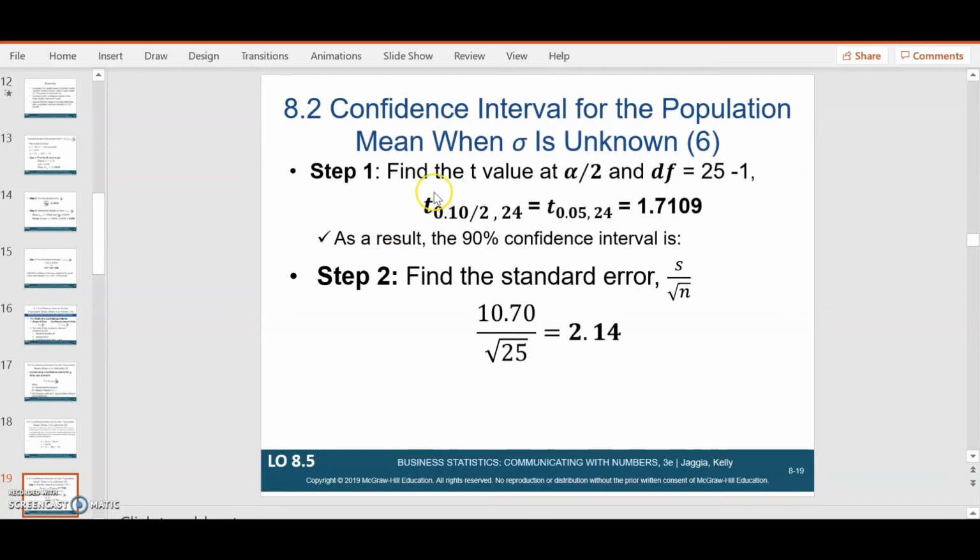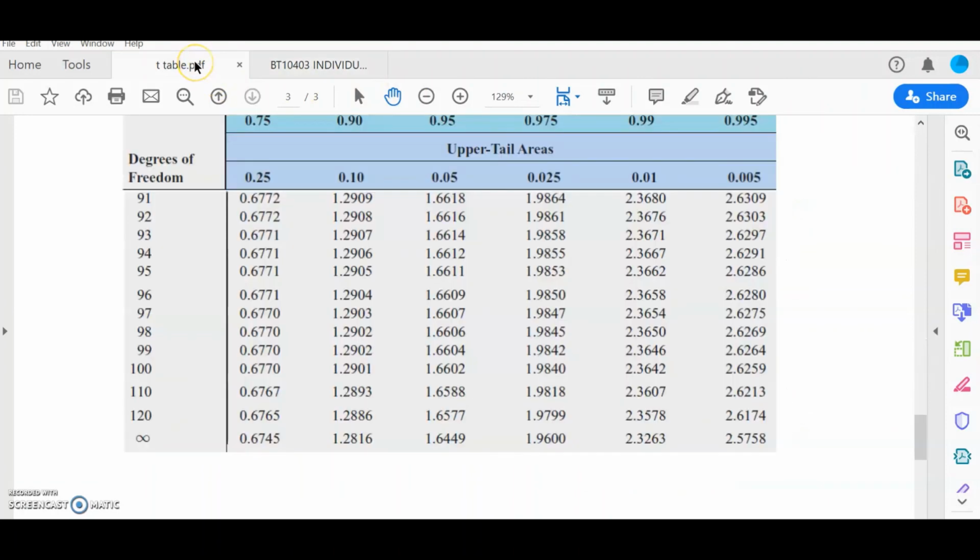So here, the t value for the significance level divided by 2, with the degrees of freedom equal to 24, is equal to 1.7109. How to determine the t value is to refer to the t distribution again.